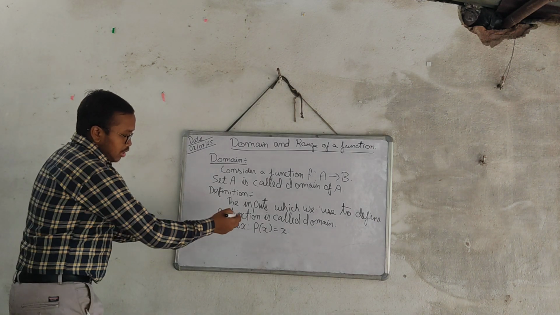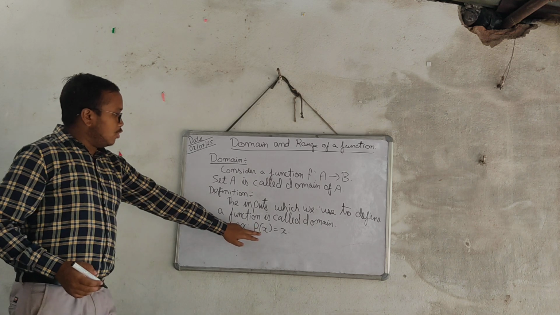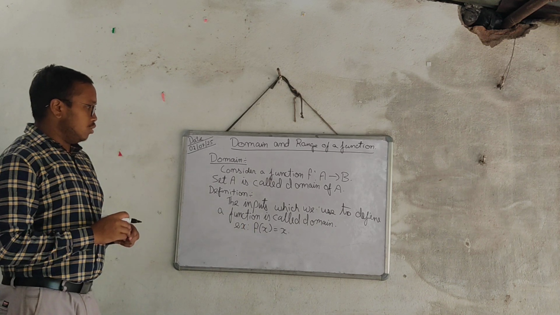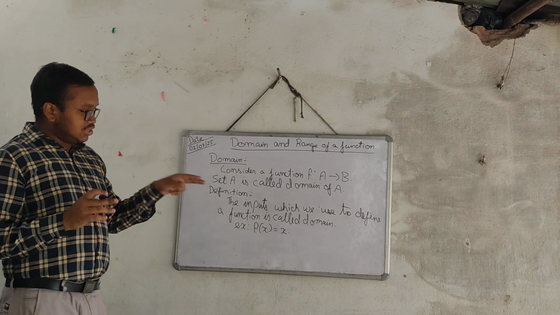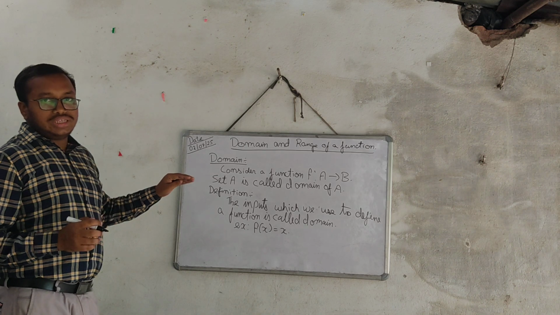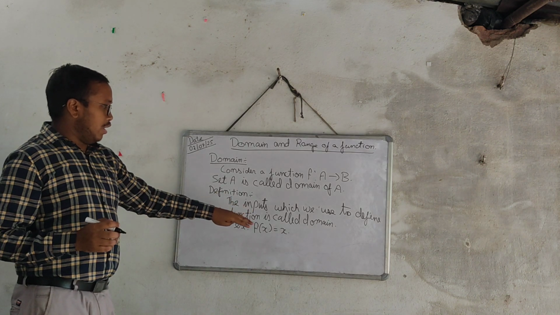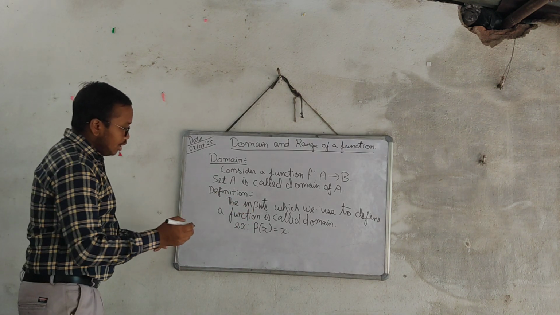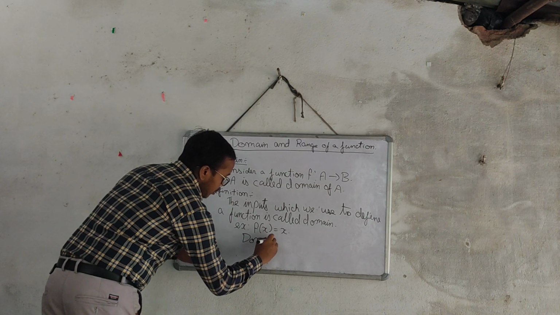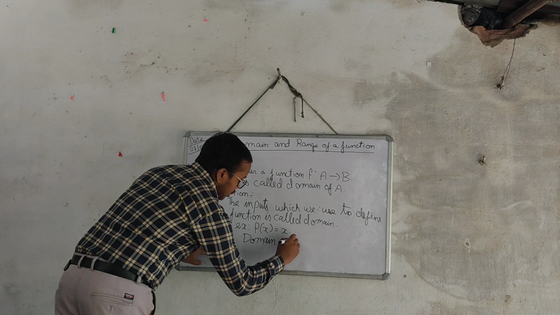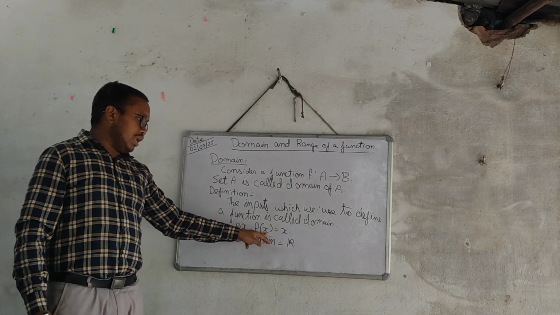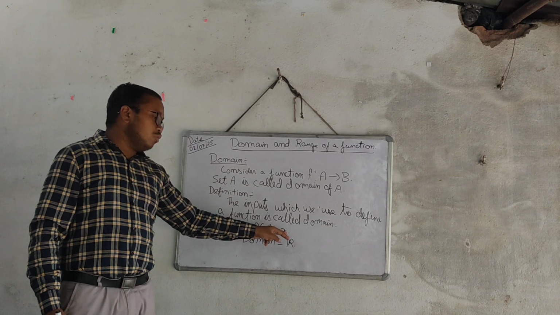Okay. See, if we take the value of x as all the real numbers, is the function defined or undefined? Here the function will be defined because it will give us the actual value of the function. So here the domain of this function is the set of all real numbers, because if we put any value of x, the function is always defined.